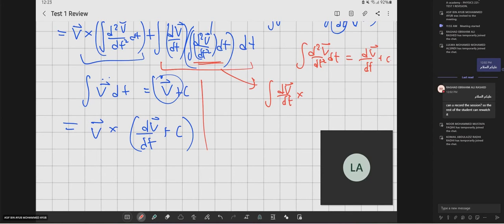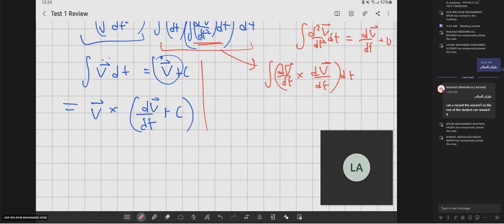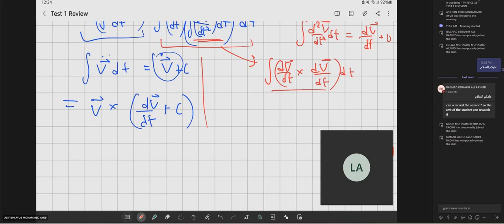Let's ignore this constant, because we can take the constant to be 0. Okay, so I'll have dv/dt crossed with dv/dt. Now, how do we compute this?